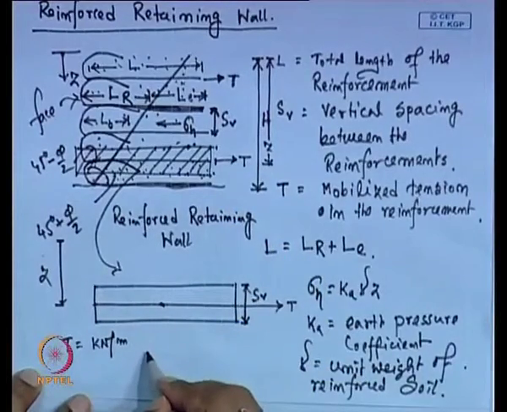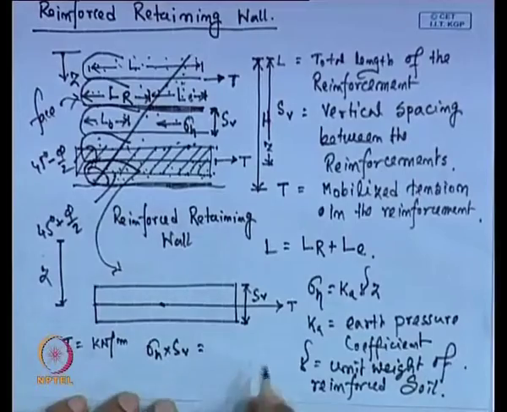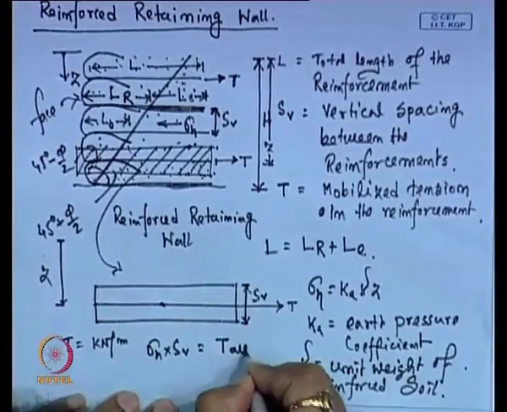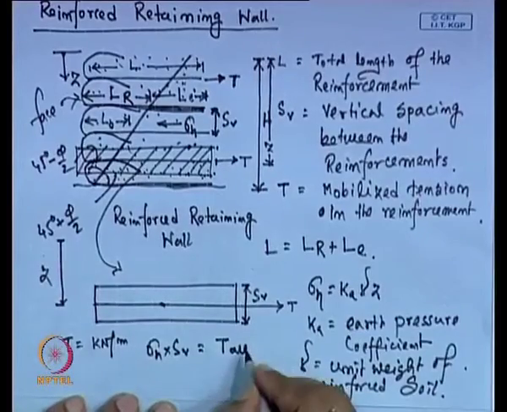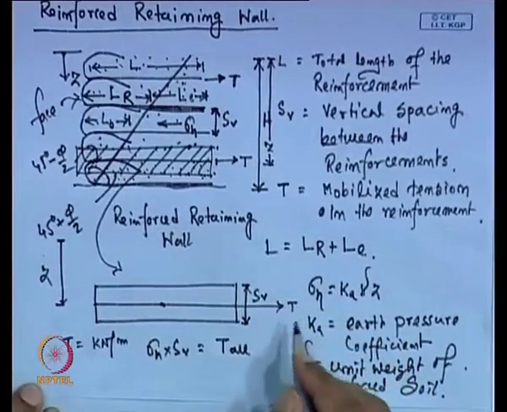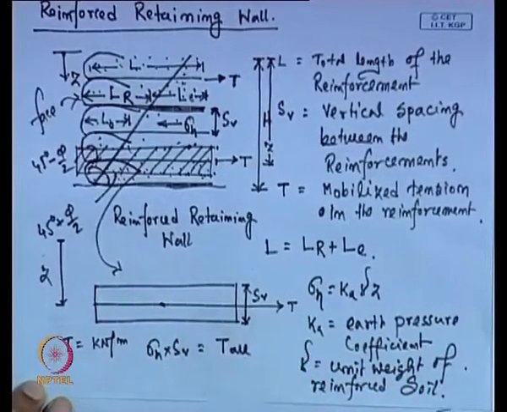So, we can write that sigma h into S V is equal to T allowable. Now, this T is the mobilized tension, and as I have mentioned, this T cannot be greater than T allowable.